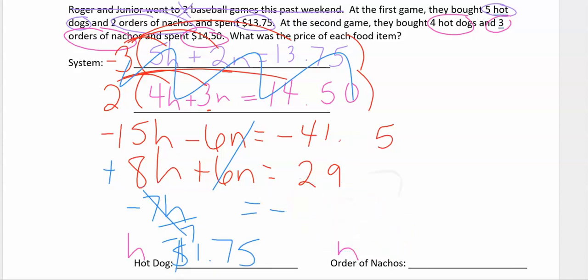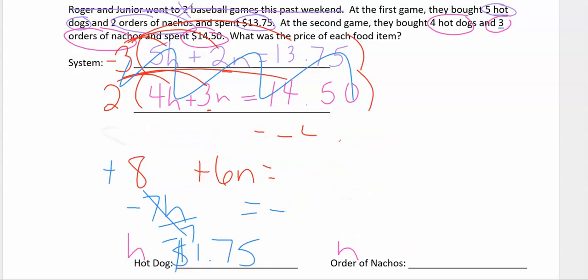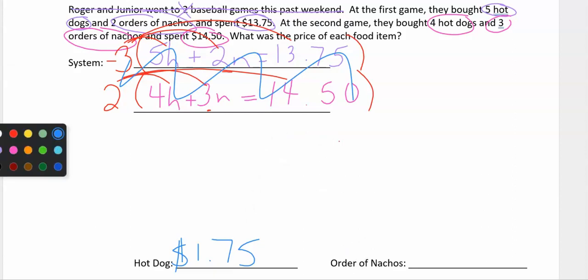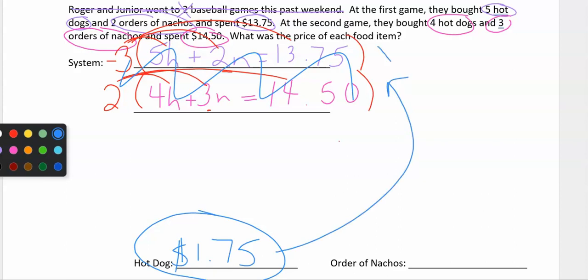Okay, let me erase some of this here. I'm going to take that answer, and I could plug it into any of the equations, the new ones or the old ones. The old ones are going to be a little bit nicer, in my opinion, because the numbers are smaller. Okay, so check it out. Here's my h value. I'm going to pick one of these to plug it into. I'm just going to go to this first equation because it's relatively simpler.